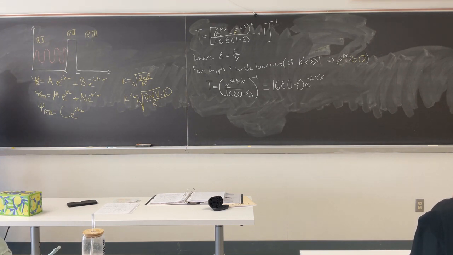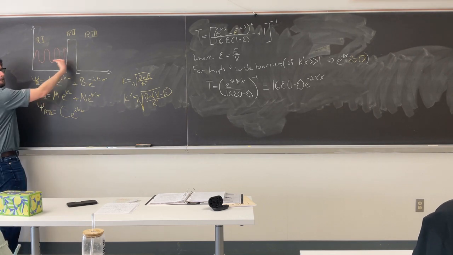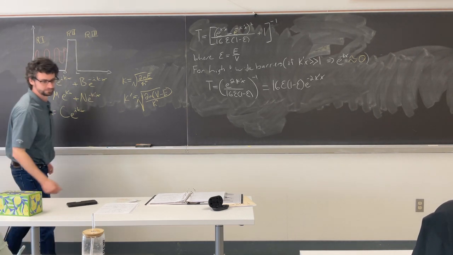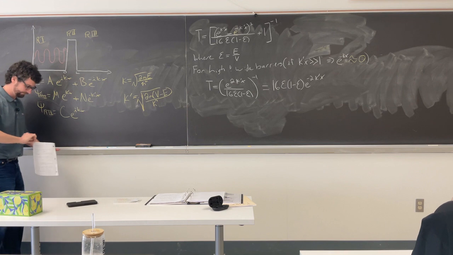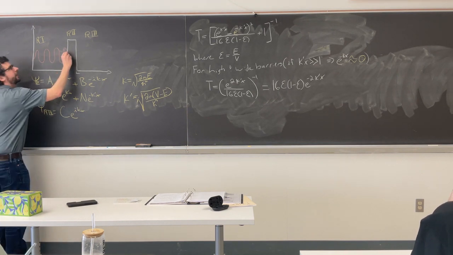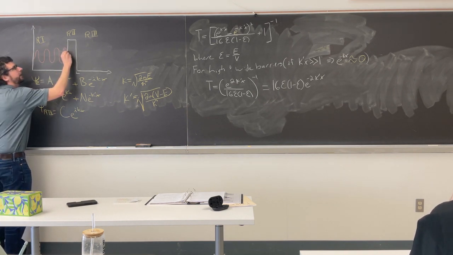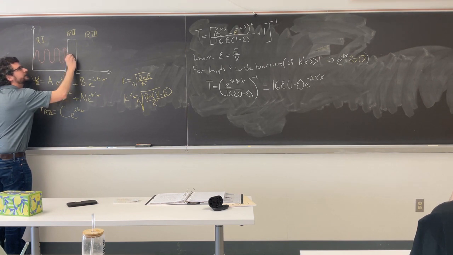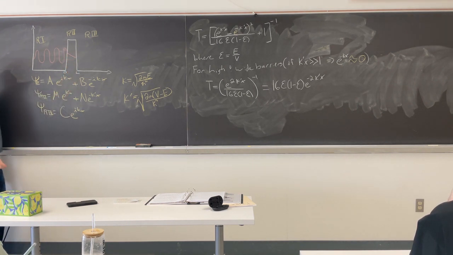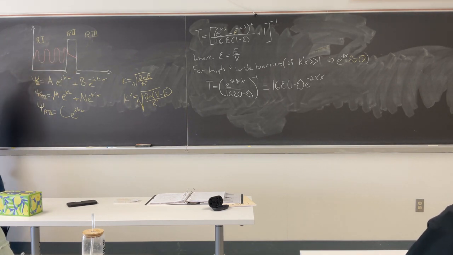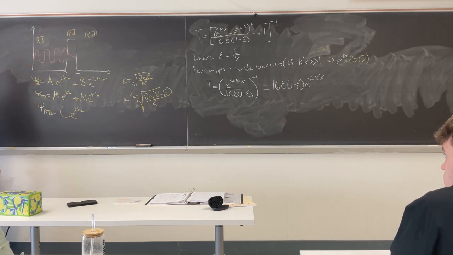So what happens to that wave function? What's it going to look like as it gets pushed back this way? It'll look kind of like this. Like a dying exponential. It's getting pushed back that way. And then what does it look like on the other side?